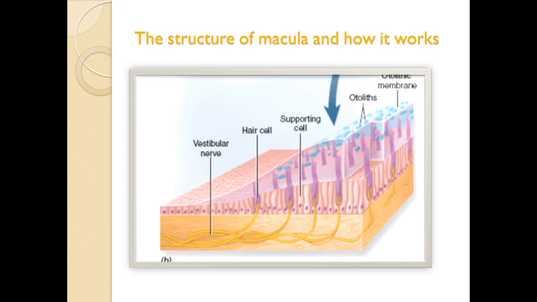Then that movement can create a nerve impulse, and that nerve impulse is sent via the particular required nerve to the cerebellum of the brain once again. The name of the nerve is again not important, and remember, it is the cerebellum that is contacted in this case as well. So that is the structure of macula and how it works.